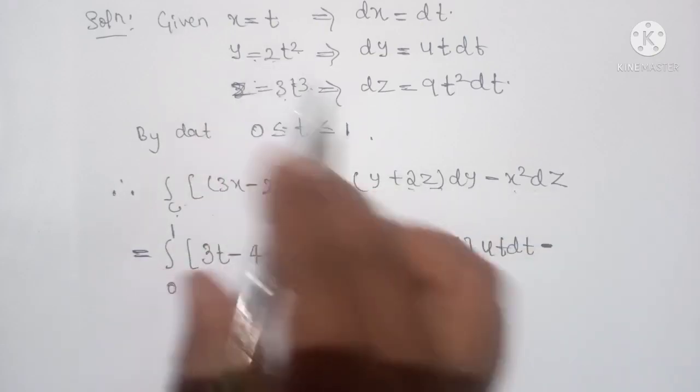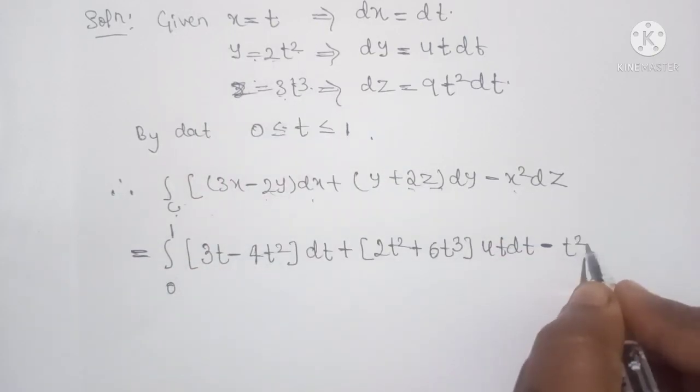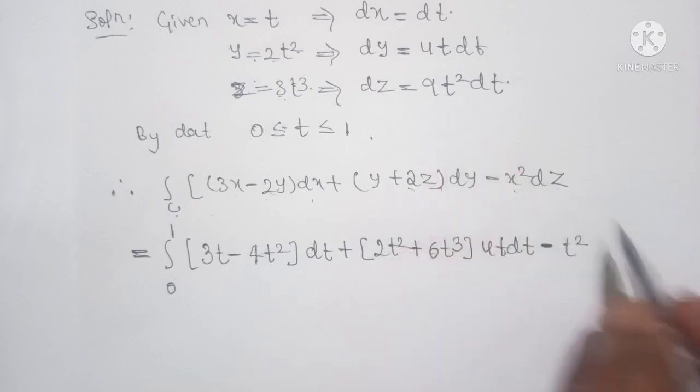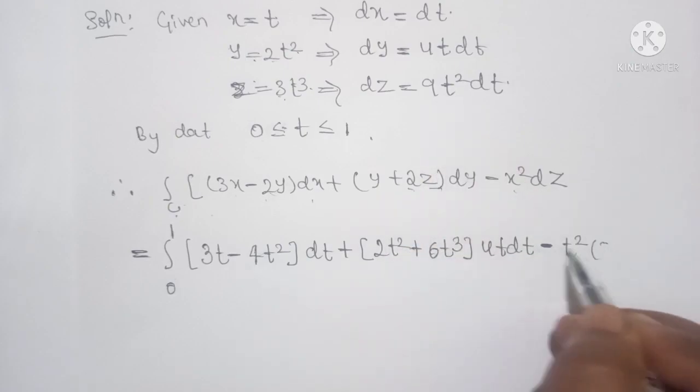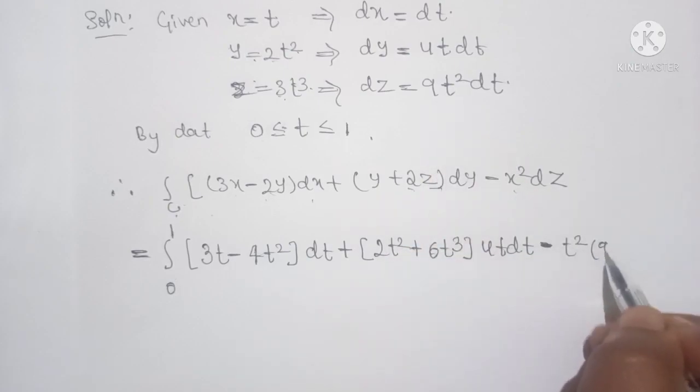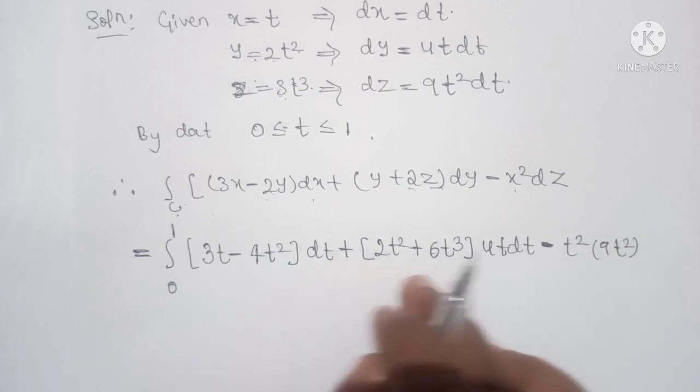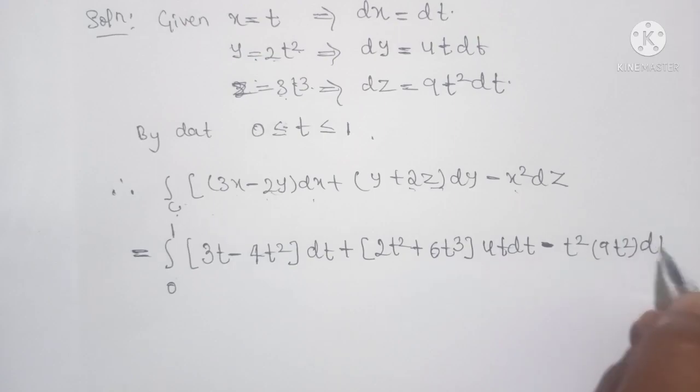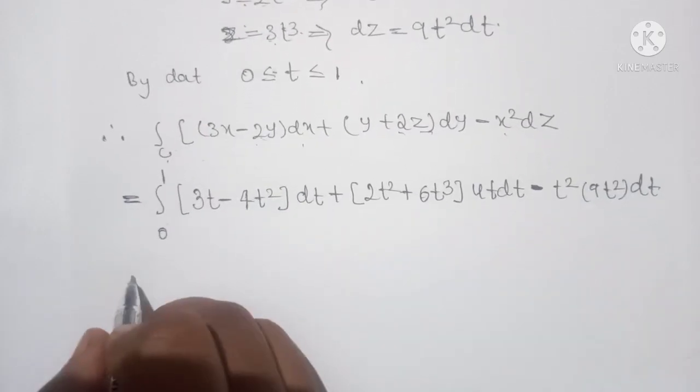X square means t square, dz value is 9t square. In all these three cases we have dt common, so we can take dt common.